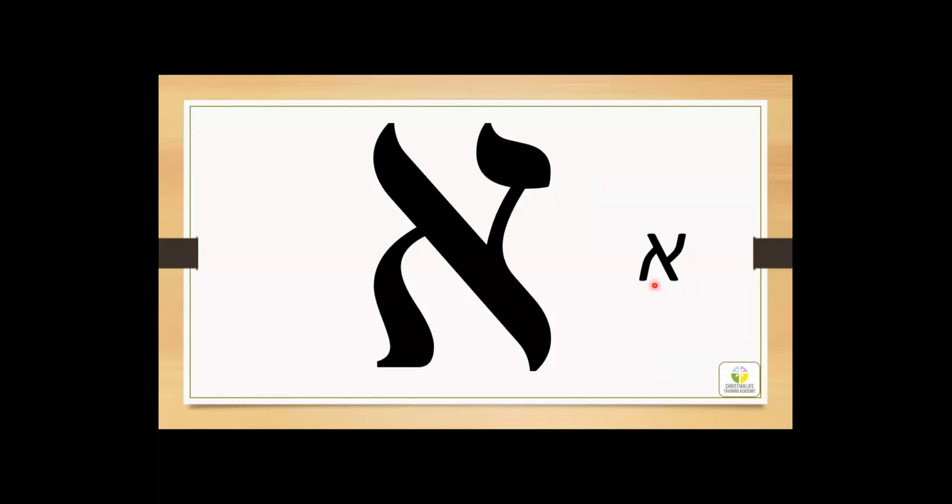There's your Aleph, and a little third of the way up, just before the middle, you put your first line upwards, and then the other one also to the top, the other line down. That is your Aleph. I want you to write them because I'm going to ask you to please practice them so that we can write them, because we're going to start writing things. Any questions about that?